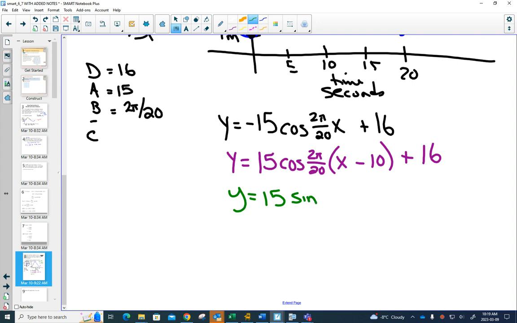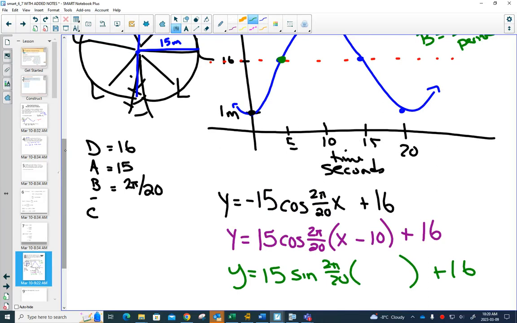Now we're doing a sine graph. Our B value, 2 pi over 20. Our D value, the dab part, stays the same no matter which graph you're using. It'll always have a 15, a 2 pi over 20, and a 16. The only thing that's changing is your starting point. This time we've moved 5 to the right. So for the green point, it would be x minus 5.